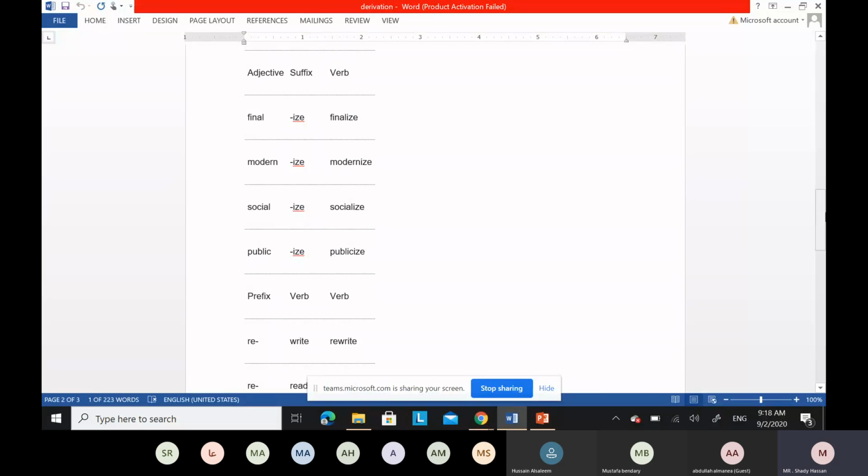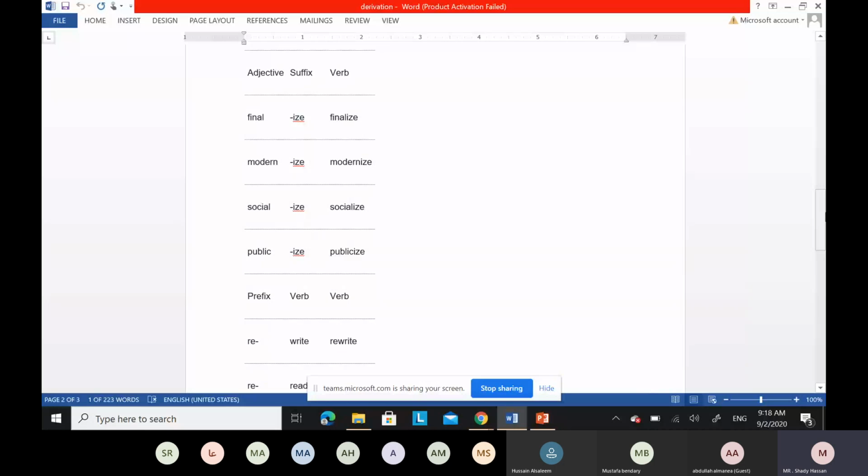Sorry, I'm gonna get verbs from the adjective by adding suffixes like ize. Final, finalize. Final is an adjective. It's the base word or the root word.